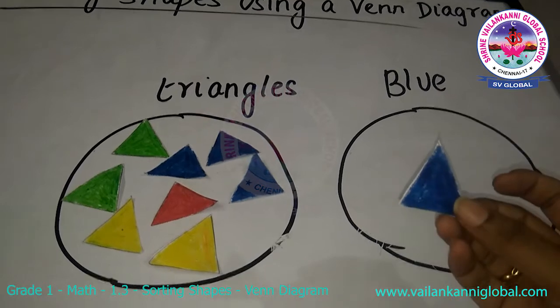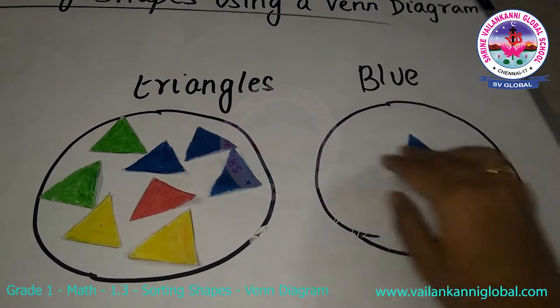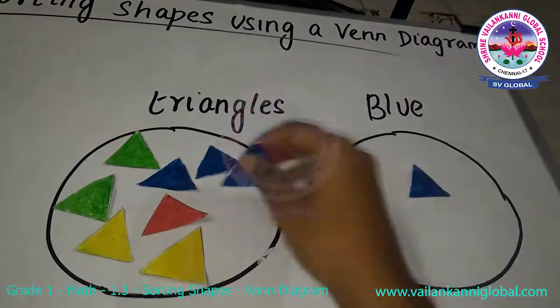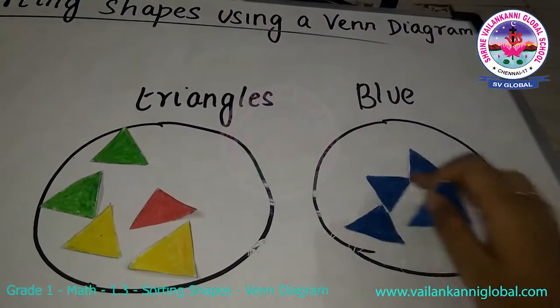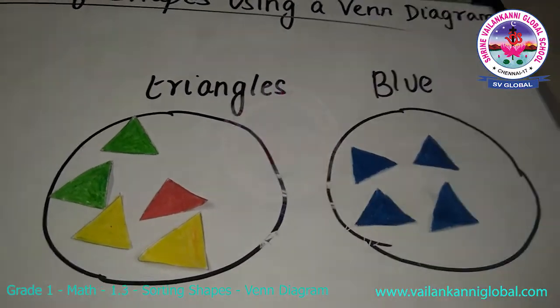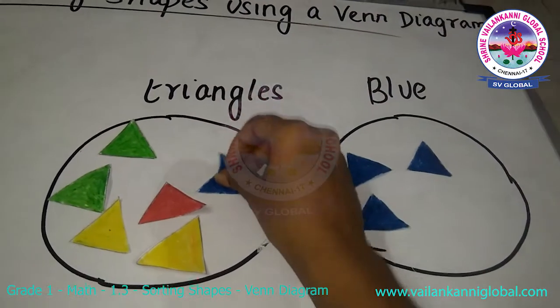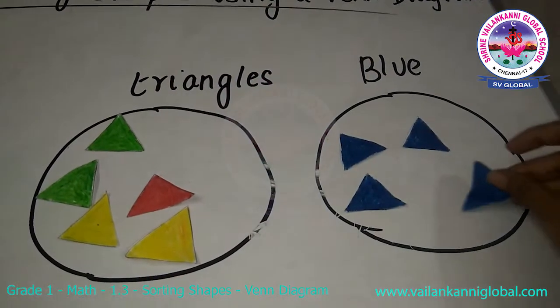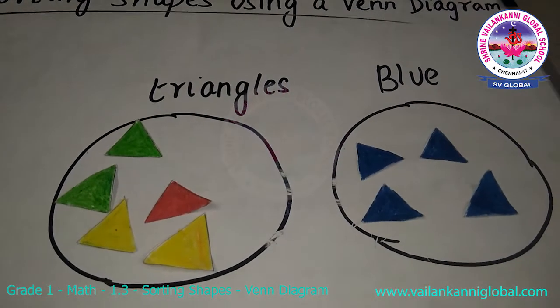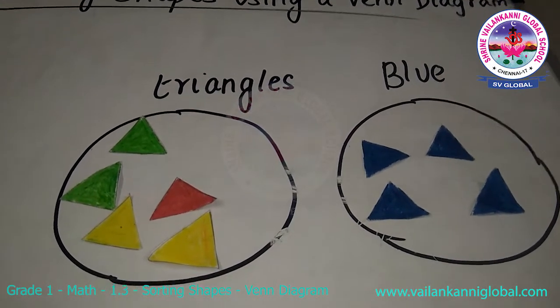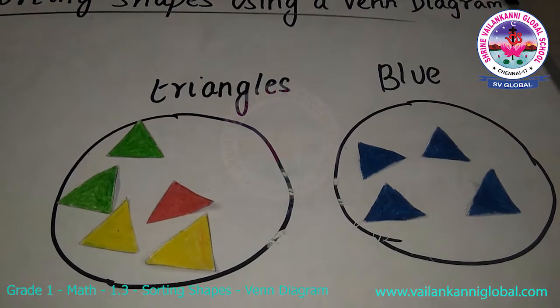Now comes a confusion whether I have to place it here or here. Similarly, all these triangles, if you see, are blue in color. So the confusion is whether this goes here as triangles as well as here because the color is blue. So now I have to change the diagram a little bit.